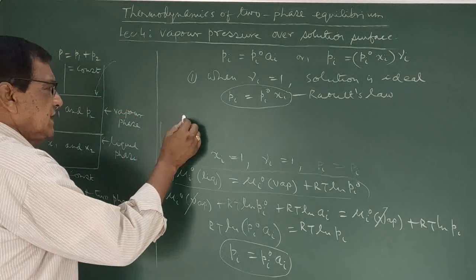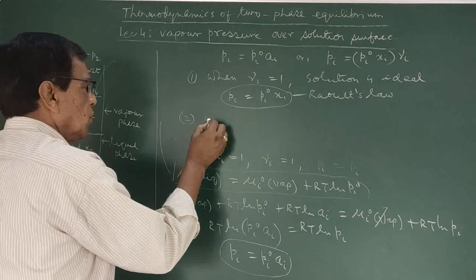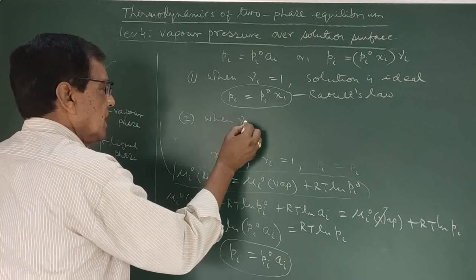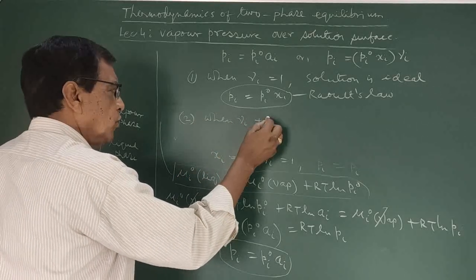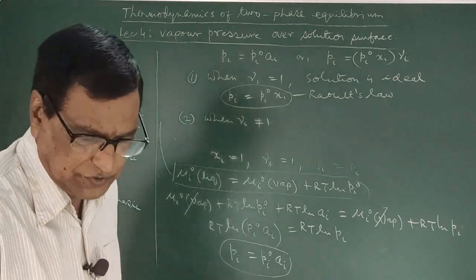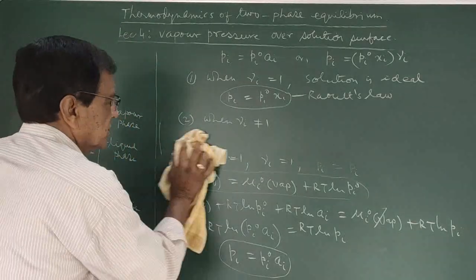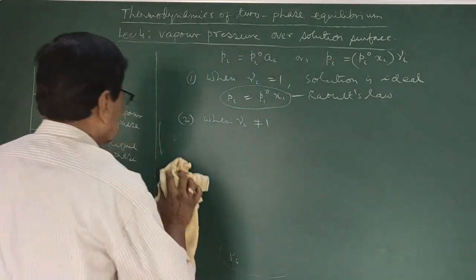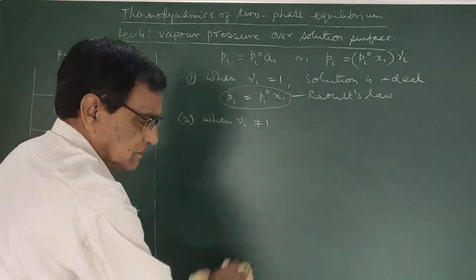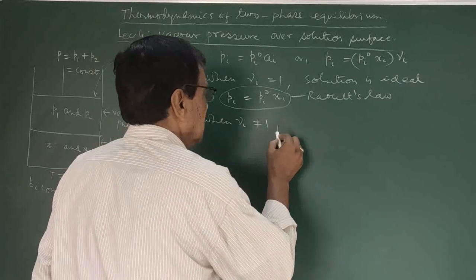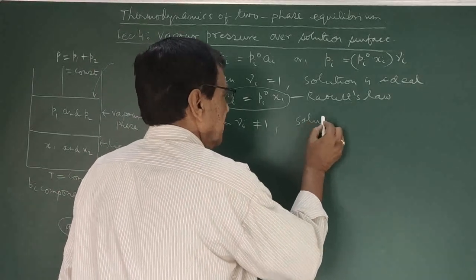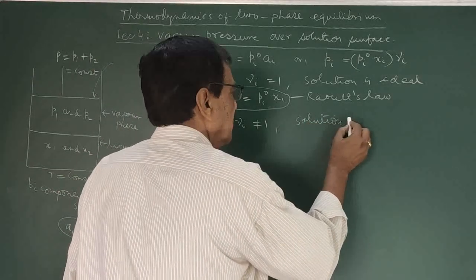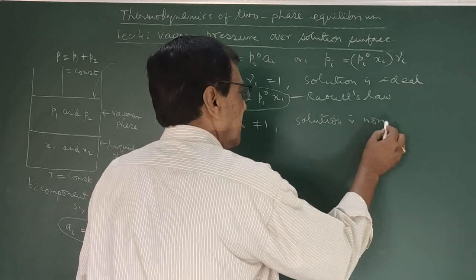But in the second case, when gamma i is not equal to 1, the solution is not ideal, it is non-ideal.